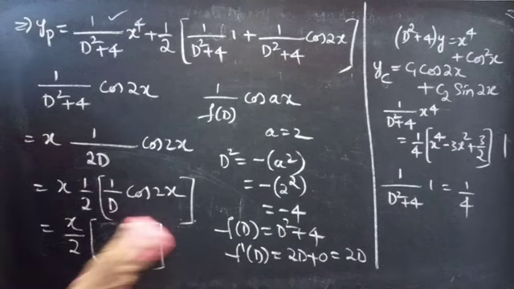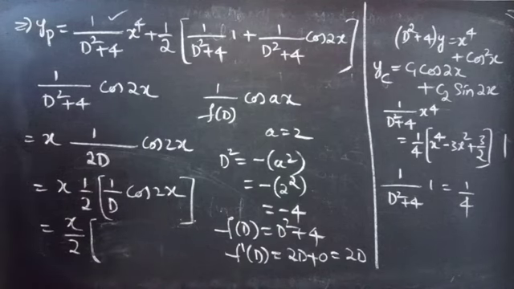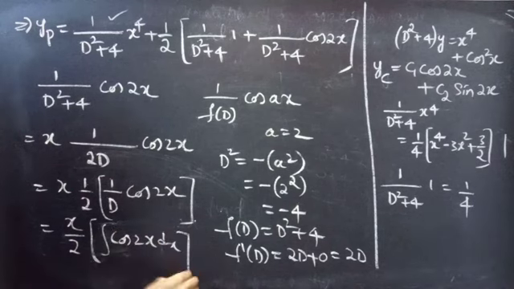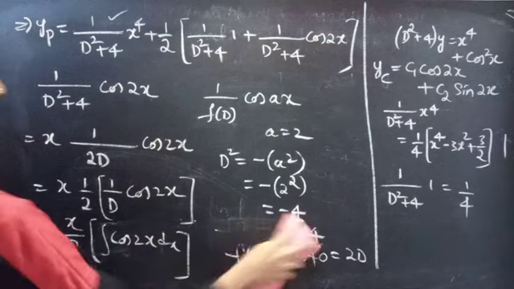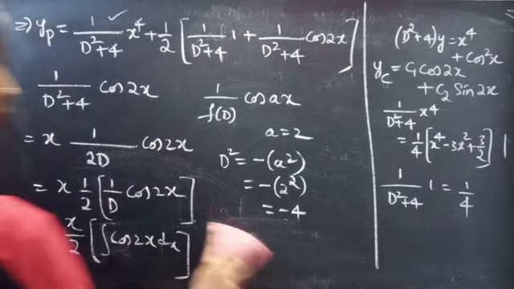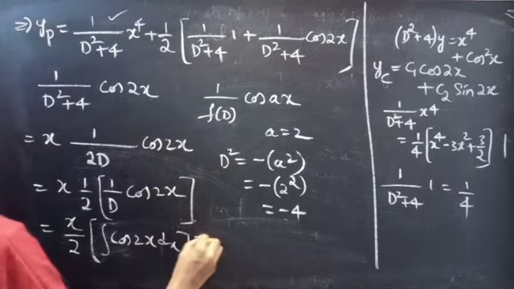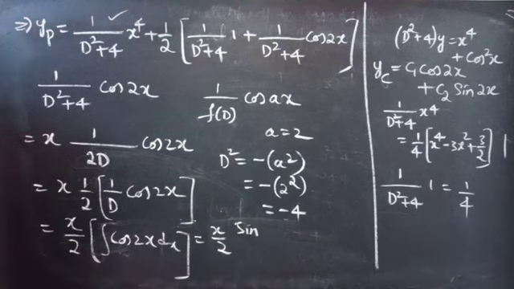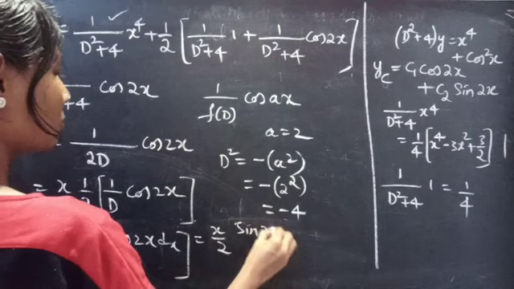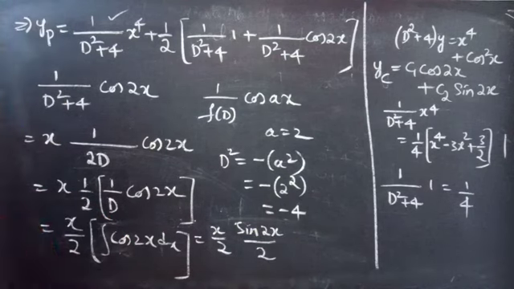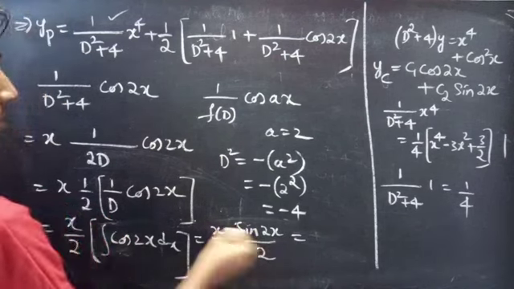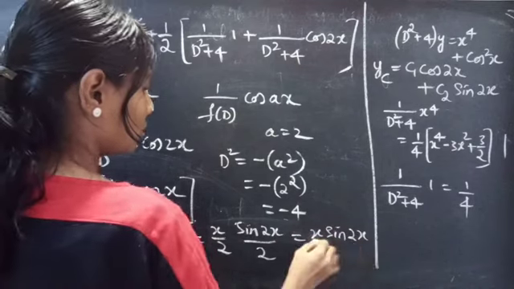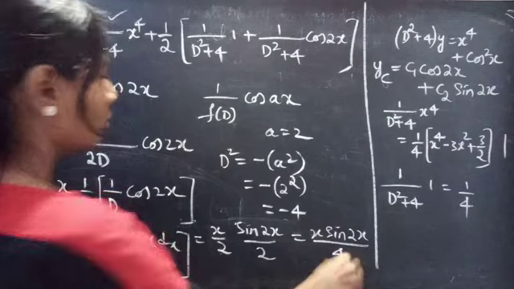Or you may include one more step here for your convenience: integral cos 2x dx, right? Which is equal to x by 2 into the integral of cos 2x dx, which is sine 2x by 2, which is equal to x sine 2x by 2 into 2, and 2 twos are 4.